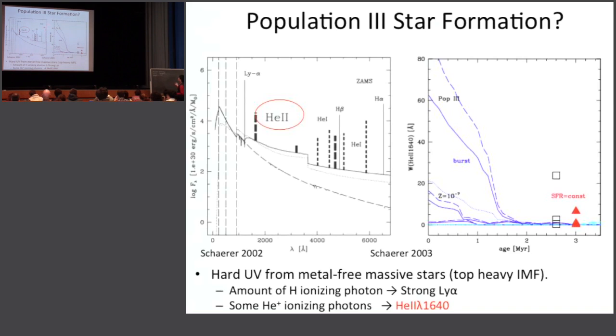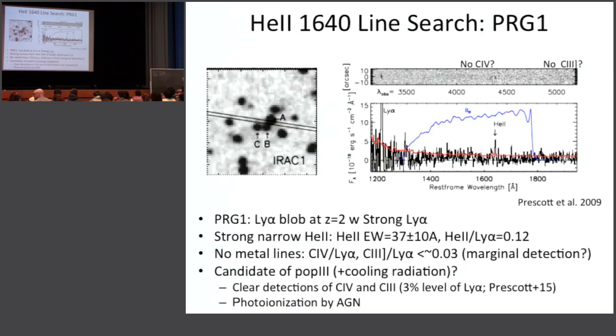This shows the predictions of the helium-2 equivalent width as a function of the starburst age, and such a Population 3 can accomplish a very high helium-2 equivalent width, up to 100 angstrom. So combining these features, you can probe Population 3.